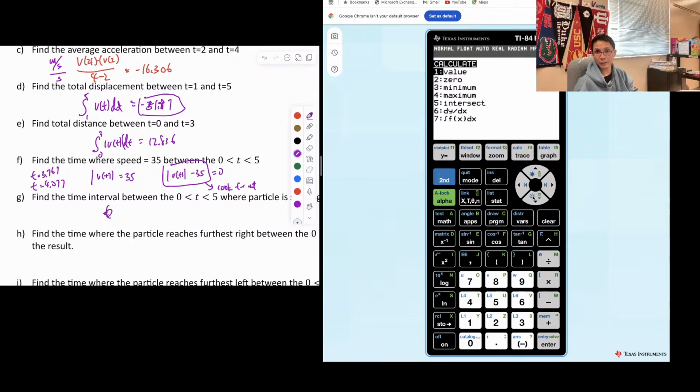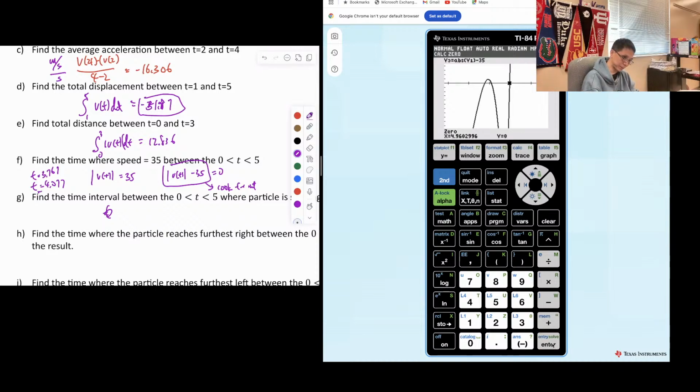Did you guys get all 3? Oh, there you go. And I get 4.96. Is this okay?